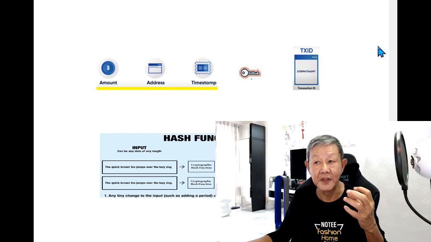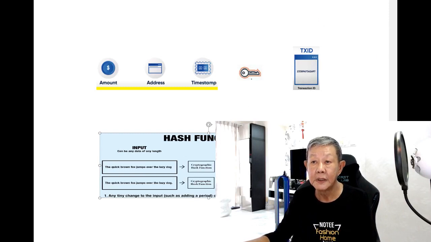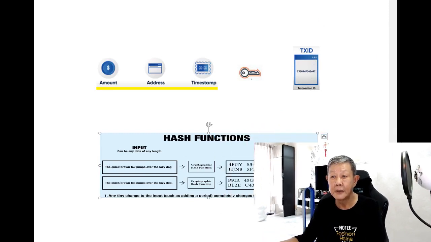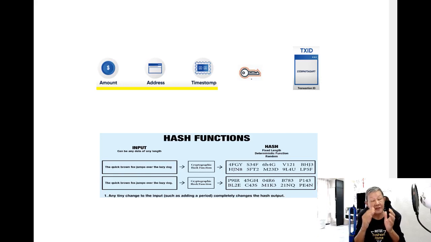As you can see, the result is always the same, and once you clear this stage, the transaction, or what we call the approved ID, will then move to the next stage of the transaction.